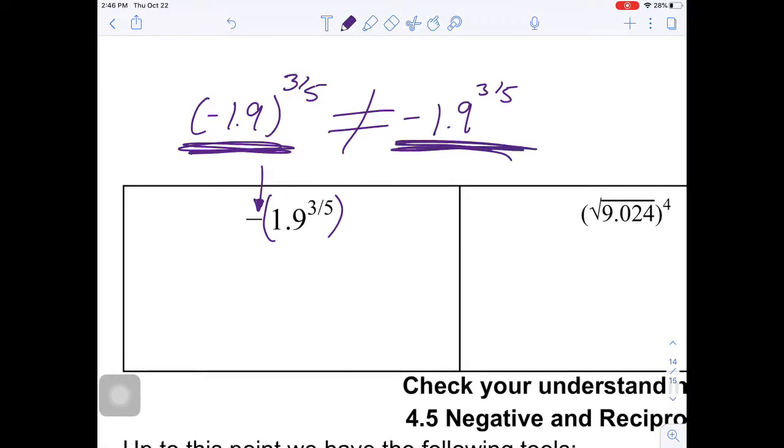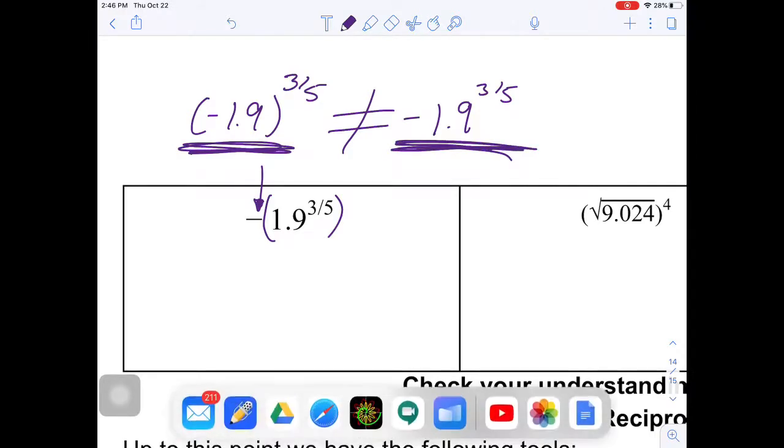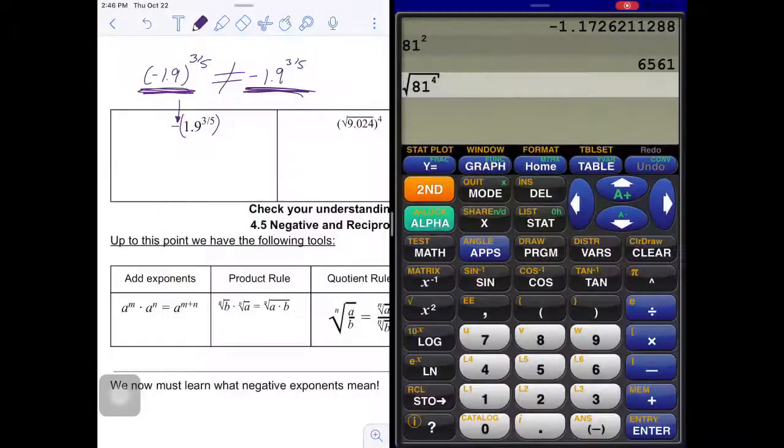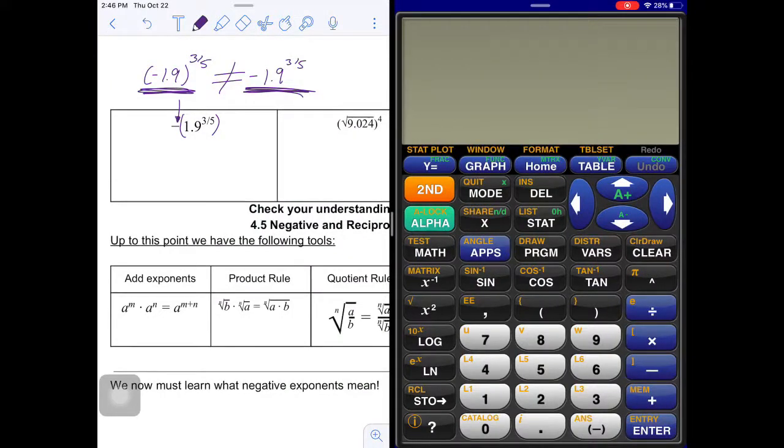Okay, so how can I plug this in my calculator? Well, I would probably simply do negative, and then I'm going to bracket that thing. The reason I bracket it is because if I do 1.9 to the power of, and now I do 3 over 5, I will get negative 1.469.